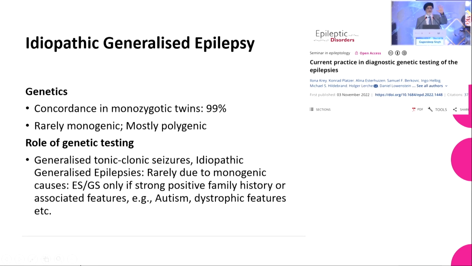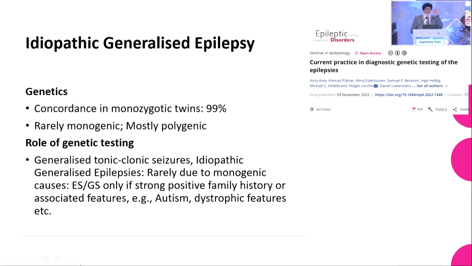There are about a handful, 4 or 5 good examples of monogenic idiopathic generalized epilepsies. Most of the idiopathic generalized epilepsies are polygenic, where there are hundreds to thousands of genes, each with a very small effect, and when they all add up, the individual presents with idiopathic generalized epilepsy.